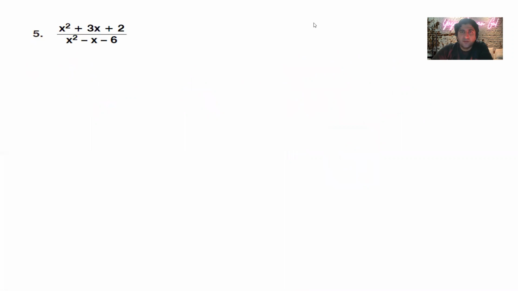So this question, we're going to do this. x squared plus 3x plus 2. It does look like a trinomial. So I'm looking for the two factors of 2, and when I add them together, they must give me 3.